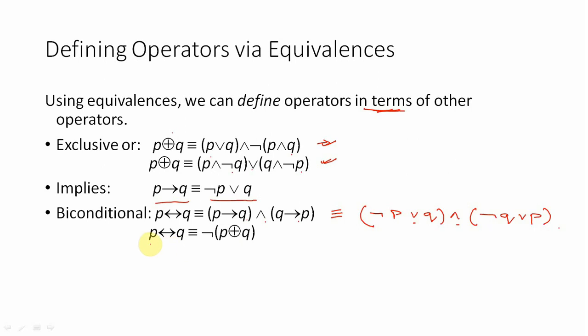Similarly, here also P biconditional Q, you are writing it in terms of not of P XOR Q. This can again further be converted into, you can write negation of P or Q. If I use the first expression, P and Q, and like this. So this way you can rewrite this biconditional in terms of the very basic types, right?